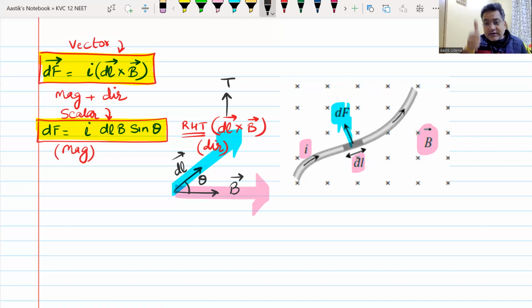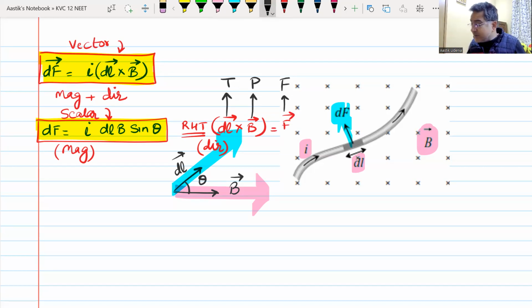Your palm will go in the direction of the magnetic field. Then when you turn your fingers, they will point in the direction of force. dl cross B gives me the direction of force.